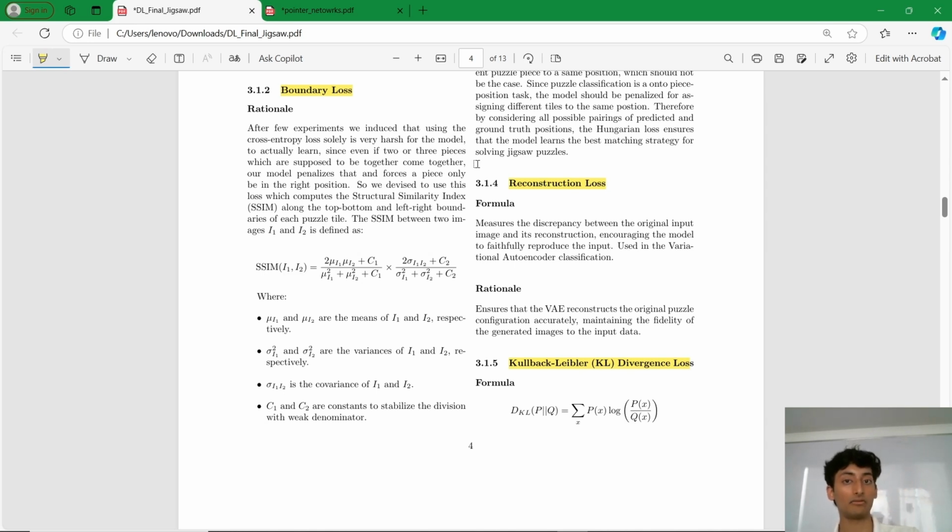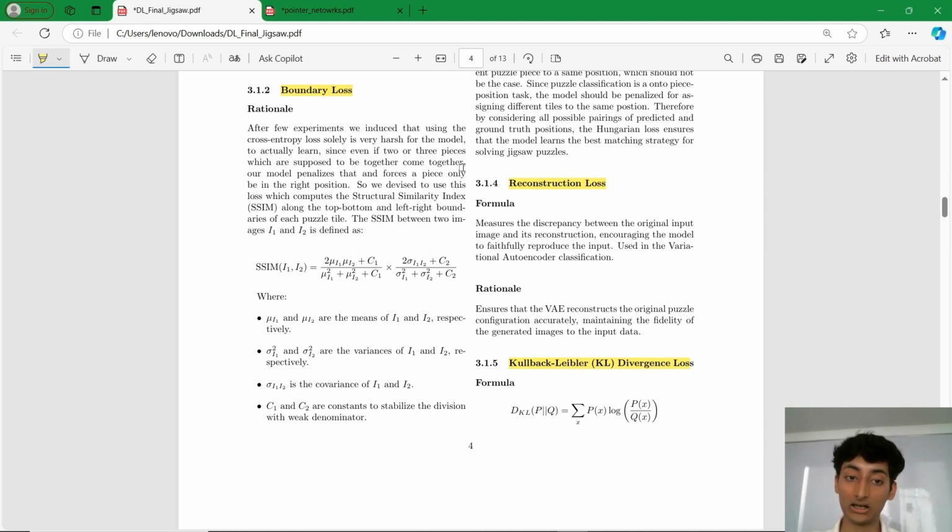But my model gave the output as 0 and 1 together, but in the positions of 8 and 9. So the classification would directly say every piece is in the wrong position, because 0 should go on 0, 1 should go on 1. But the model hasn't understood that our model has actually given 0 and 1 as together. So that's why we thought that the cross entropy loss solely is very harsh for the model.